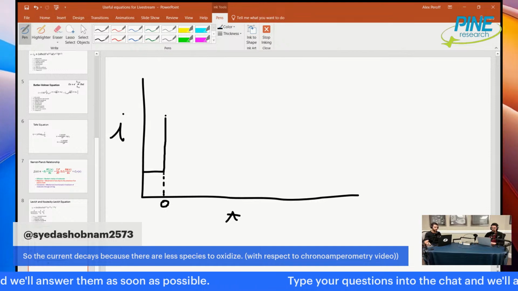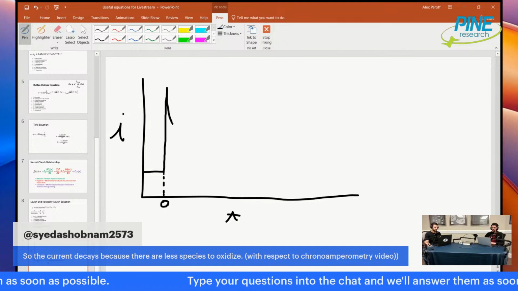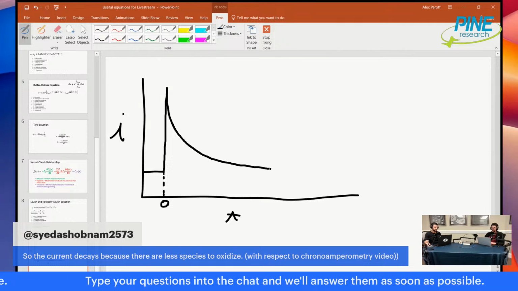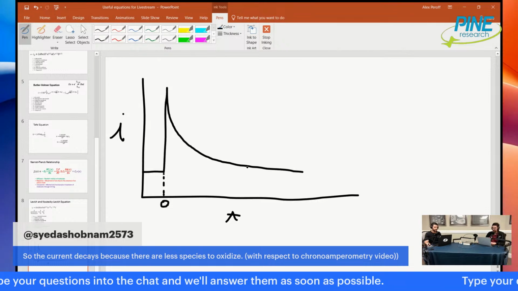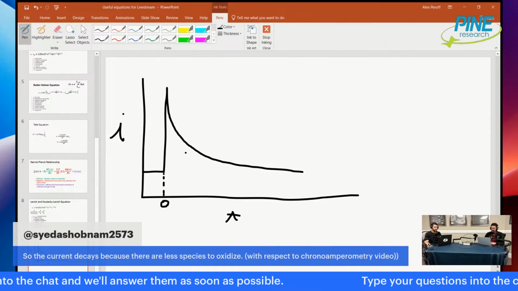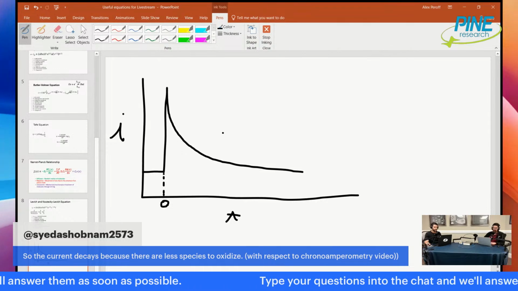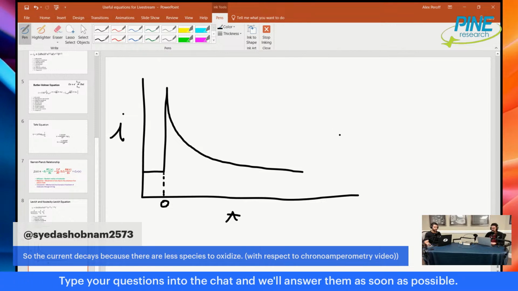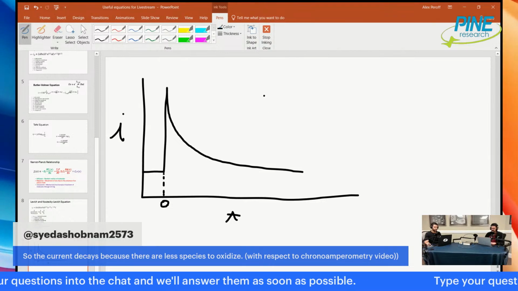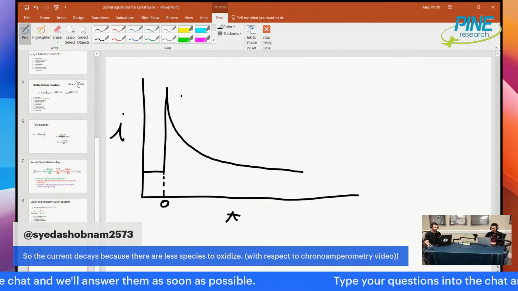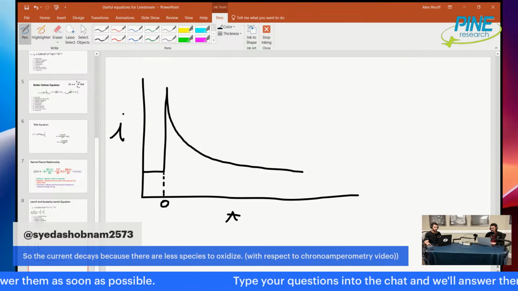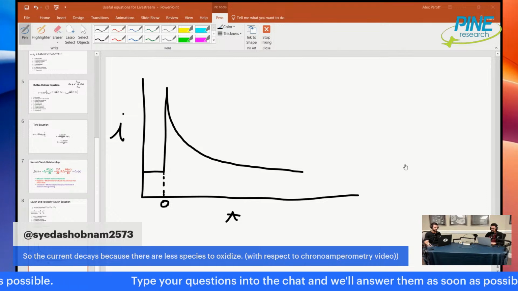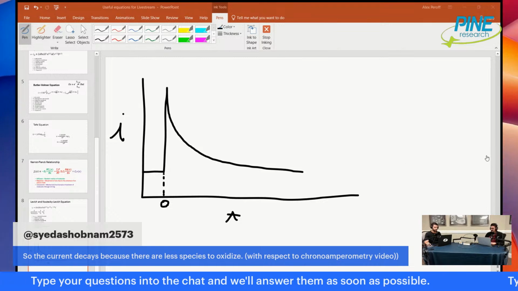Then you see a spike in the current, followed by a gradual decay over time. I was describing this within the context of a 3 electrode system where everything is solution based, and the math that describes this shape is the Cottrell equation.